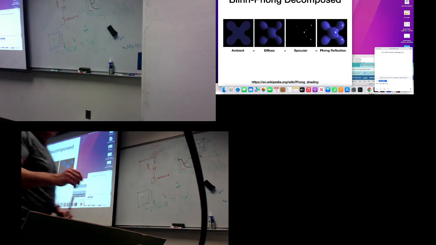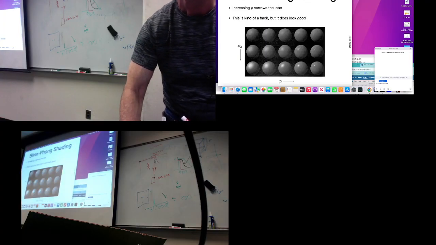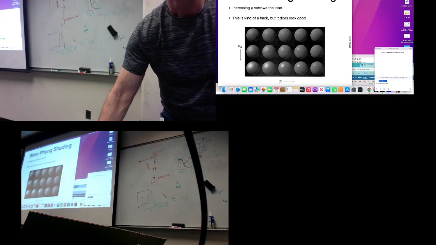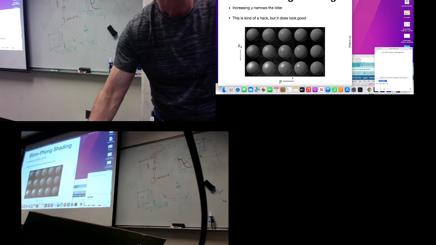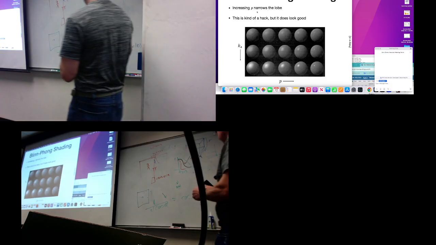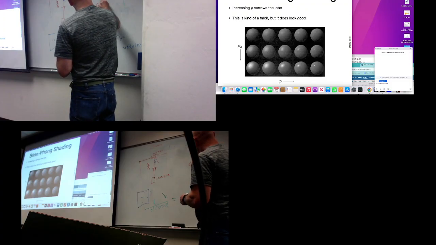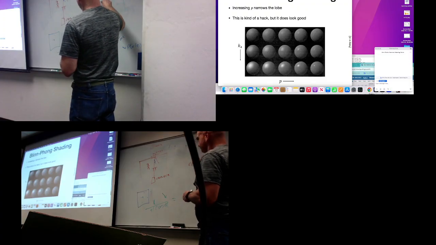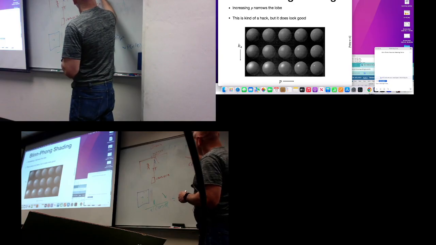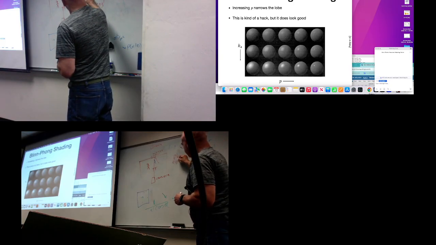And just to see how this m, this Phong exponent, is in the game. Here we called it P, so it's cosine alpha to the power of p, sometimes called the Phong exponent.